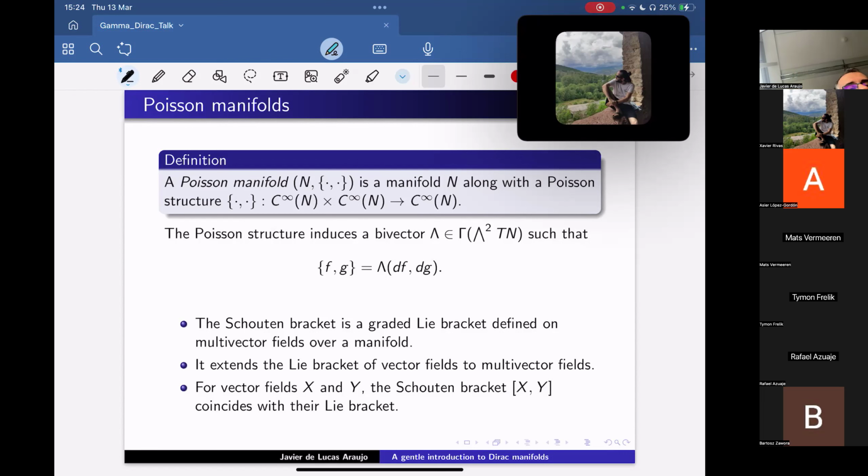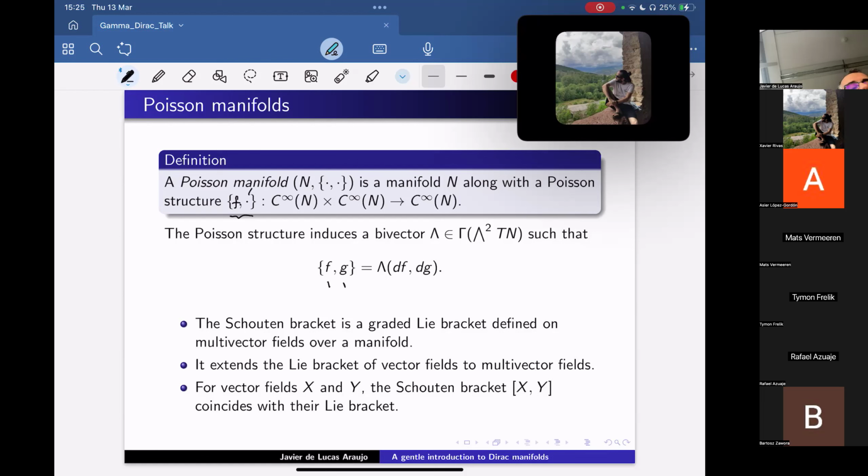When you have a Poisson manifold, this bracket is a Poisson bracket. When you fix the first part of the bracket, you obtain a derivation because it satisfies the Leibniz property. So this behaves like a vector field, and the same happens with the second factor. So it turns out that this bracket is a biderivation, a derivation in each factor.